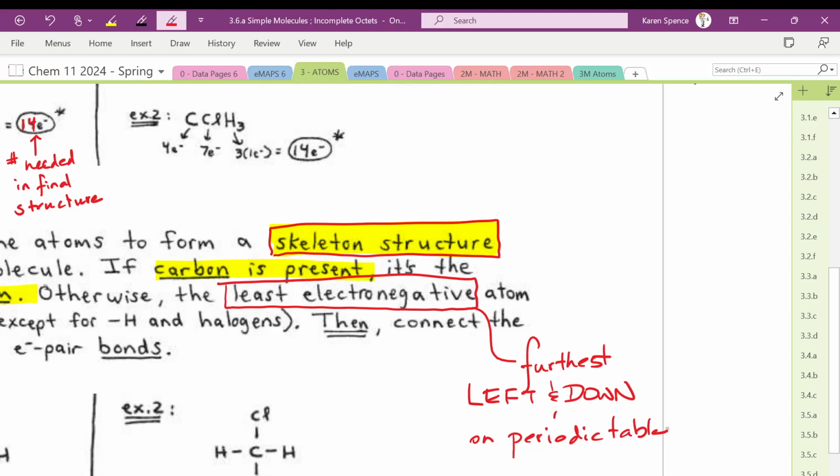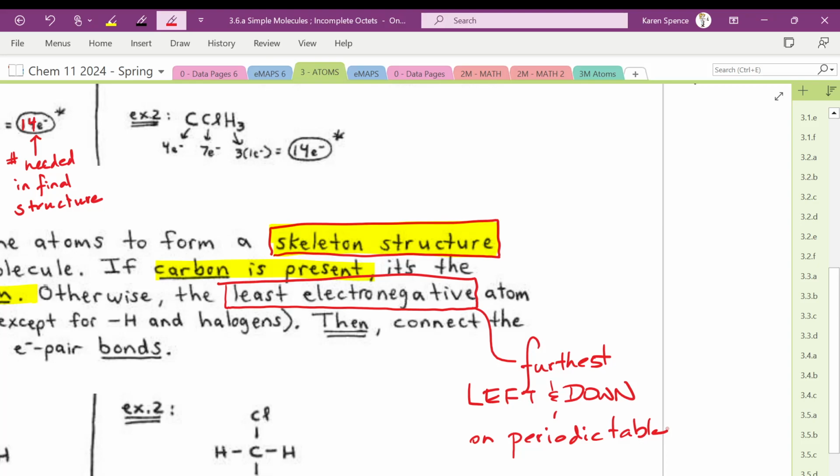The 1 nitrogen is going to go in the middle. Could you ever put hydrogen in the middle? Hydrogen can't go in the middle because it only has 1 bond. How about fluorine? Can fluorine go in the middle? No, because fluorine can only form 1 bond. How about chlorine? No, chlorine can only form 1 bond.